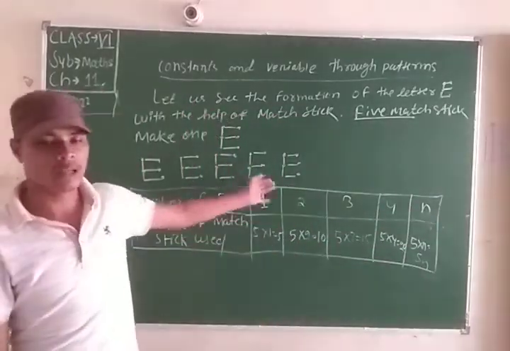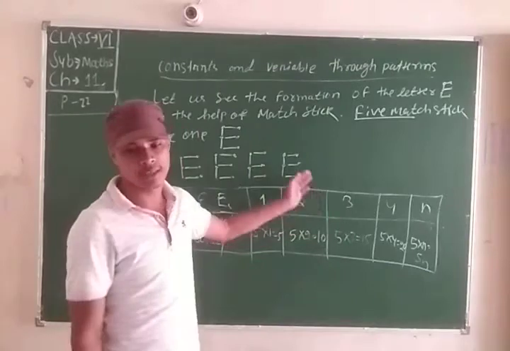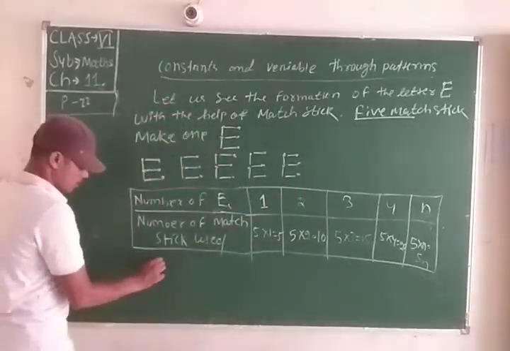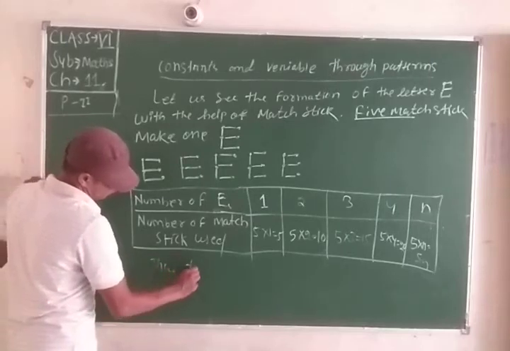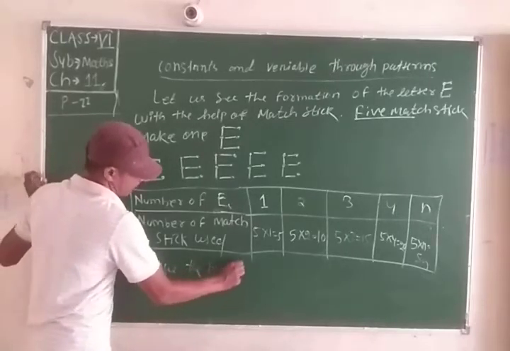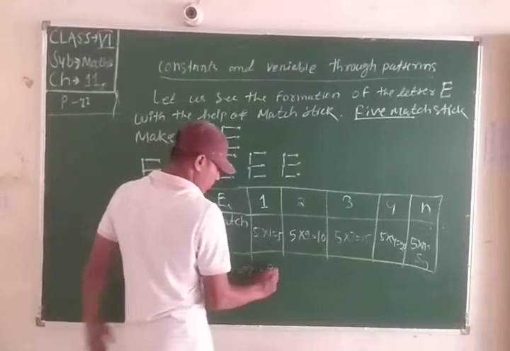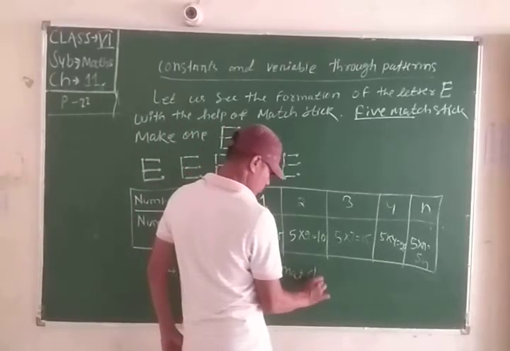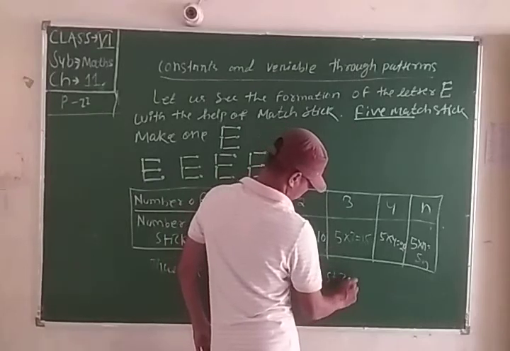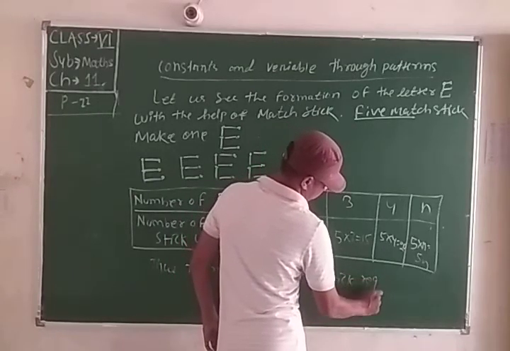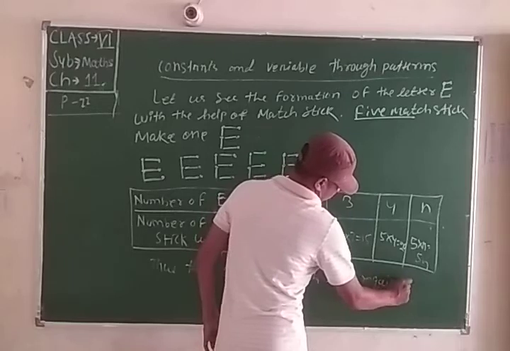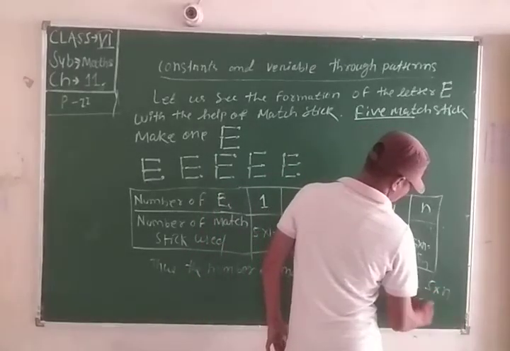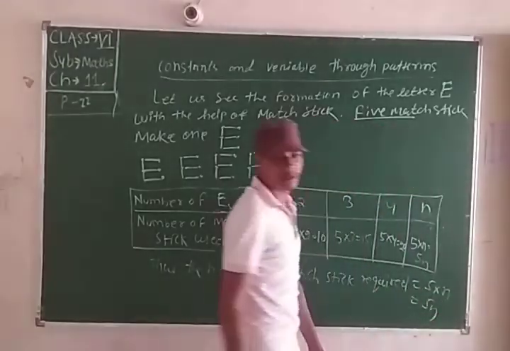To find the total matchsticks, we look at the pattern, and then we can easily find it. So the number of matchsticks required equals 5 into n equals 5n.